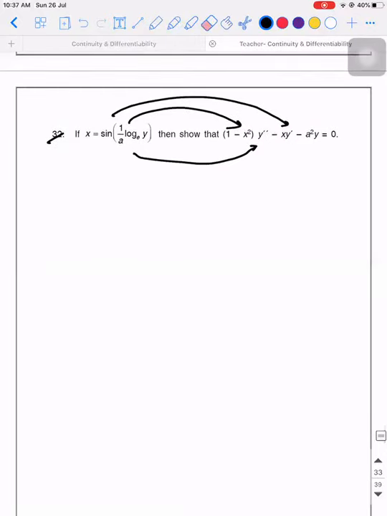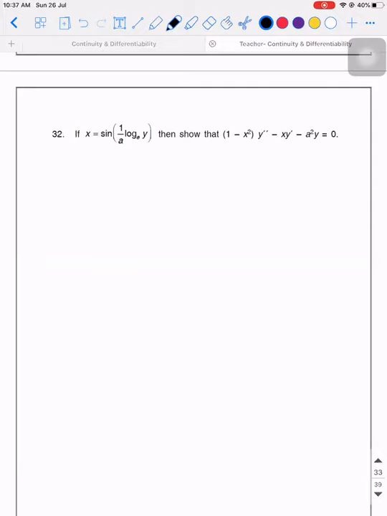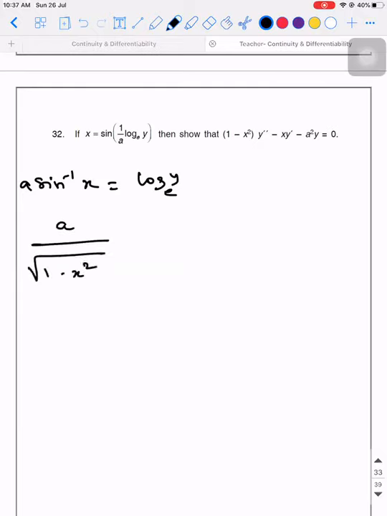Okay, I'll give you another idea. You got stuck at y double dash? No problem. See, you can take this as a sine inverse of x is equal to log y base e. If you reformulate the question like this, it will become even simpler. So if you differentiate on both the sides, a divided by root of 1 minus x square is equal to 1 by y into y dash.